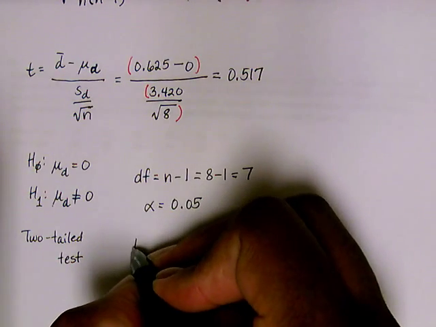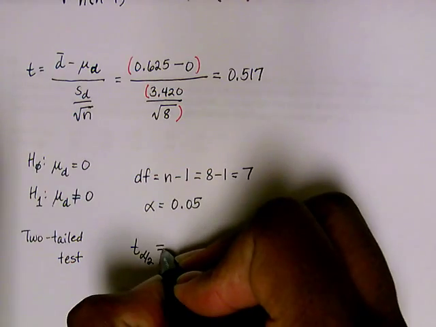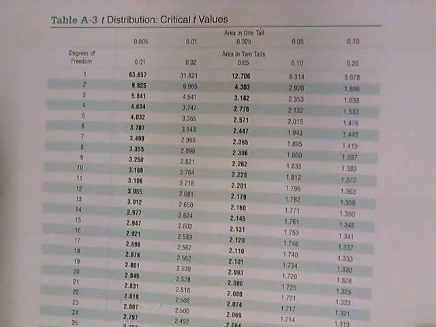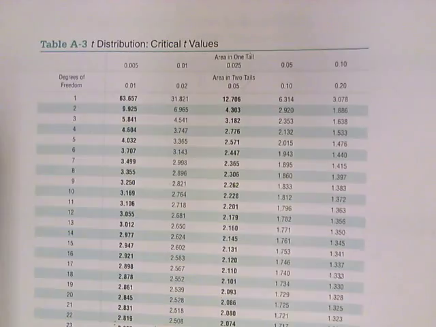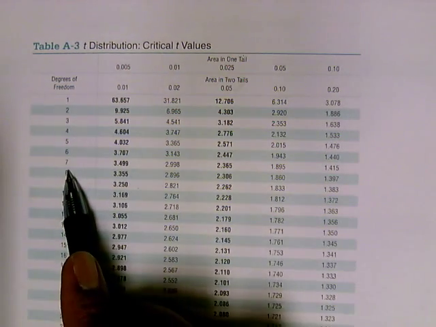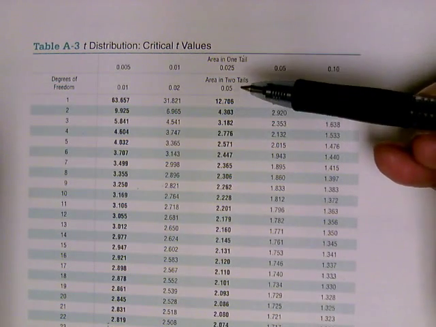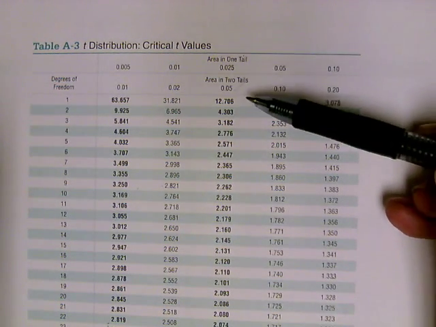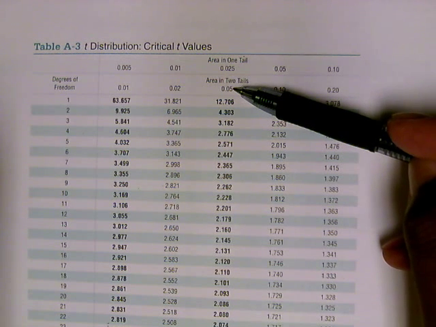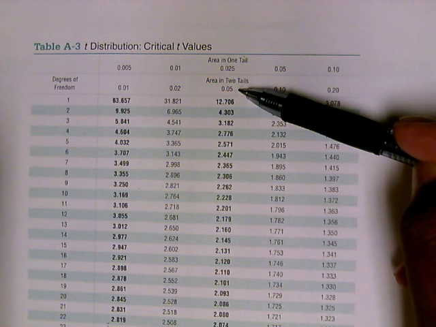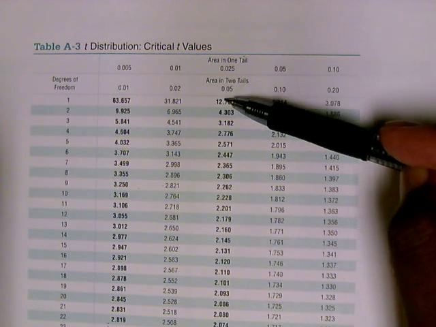So I need to find the critical t-value, which is t of alpha over 2. This is where I use table A-3, the t distribution table, for critical t-values. I have 7 degrees of freedom, and I'm looking under the row that says area in two tails, because it is a two-tailed test. So here's 0.05, because I'm told to use a 0.05 level of significance.